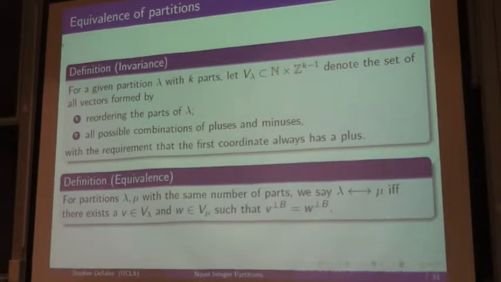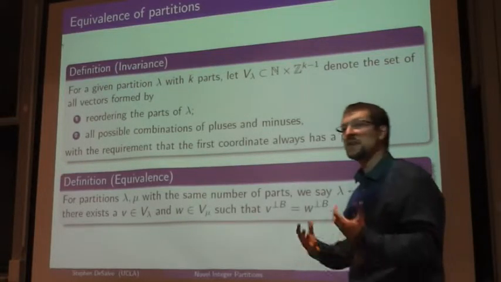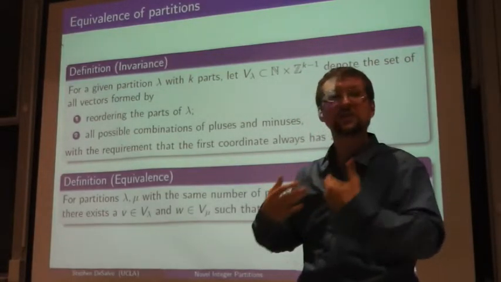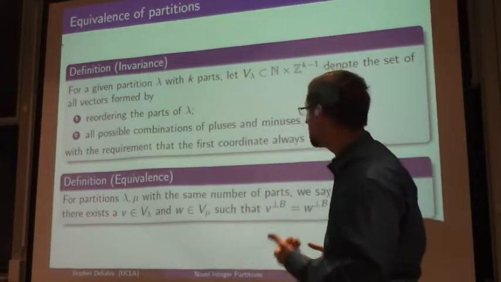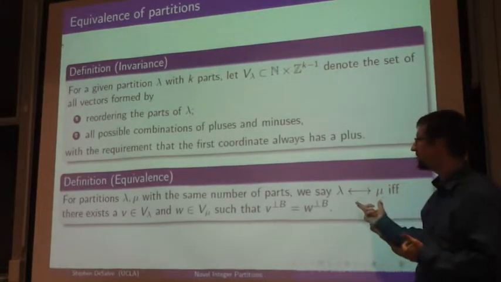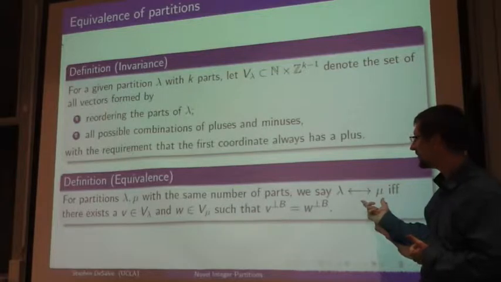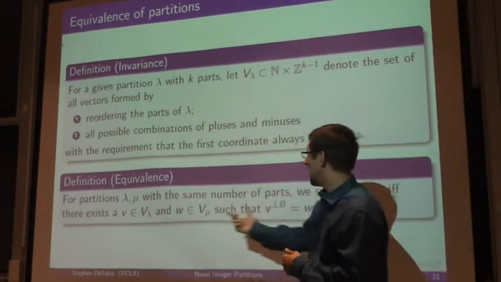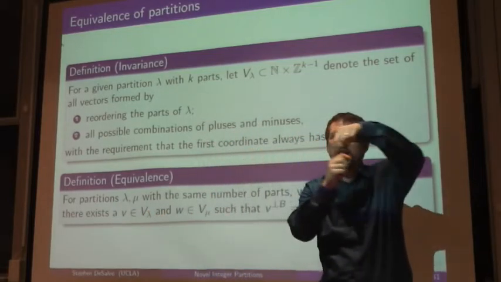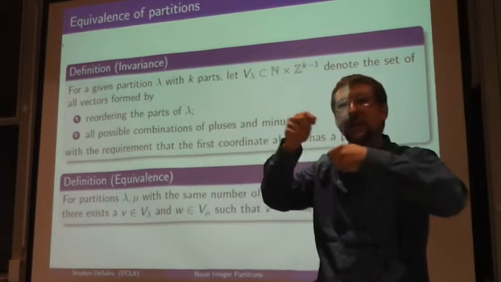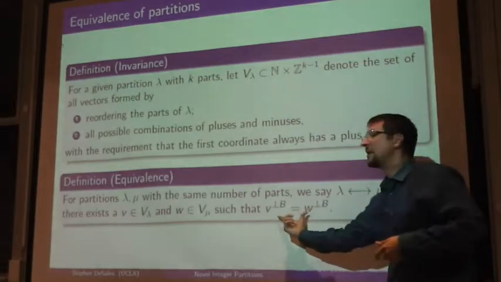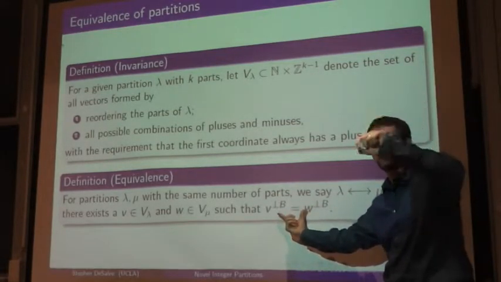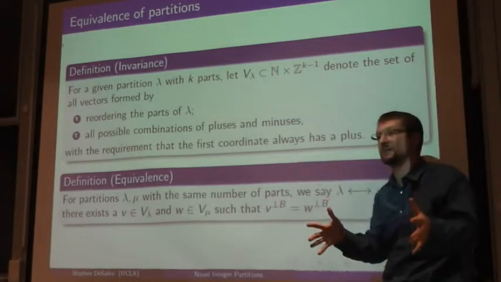Then we define the notion of equivalence. Okay, so this is essential. This is why we're excluding certain partitions. We consider two partitions to be equivalent if they have the same number of parts, and there exists a reordering or some combination of plus and minus 1s that makes the set of all random walks with those step sizes the same set.